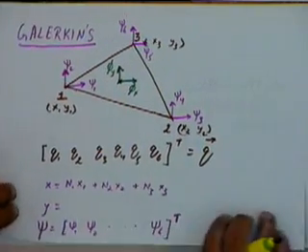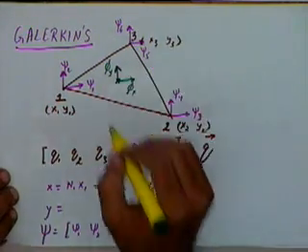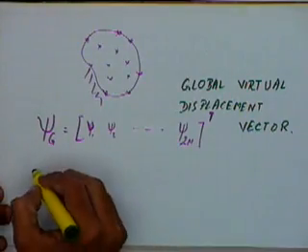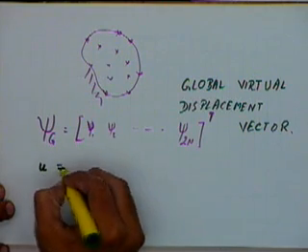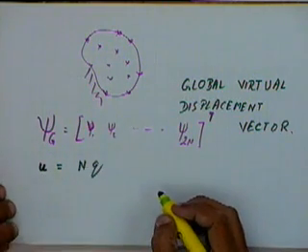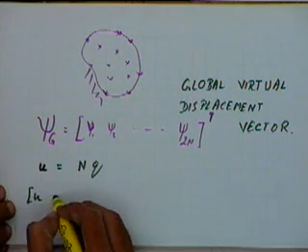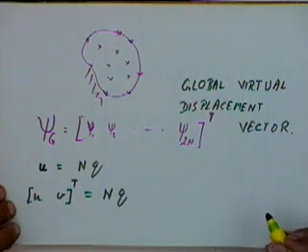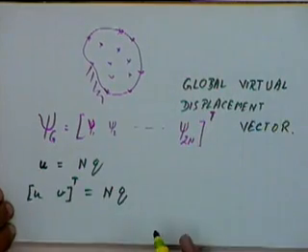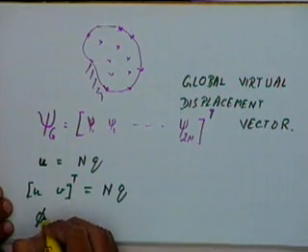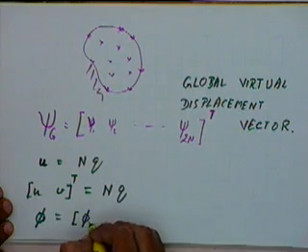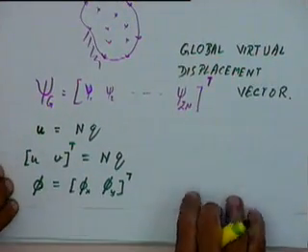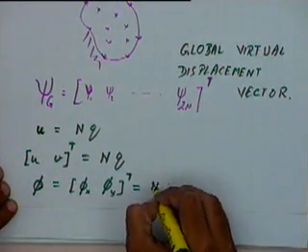If you look at the u vector first, we said u is equal to n times q, where u is u v transpose. Similarly, the virtual displacement phi, which is phi x phi y transpose, will be equal to n times psi.